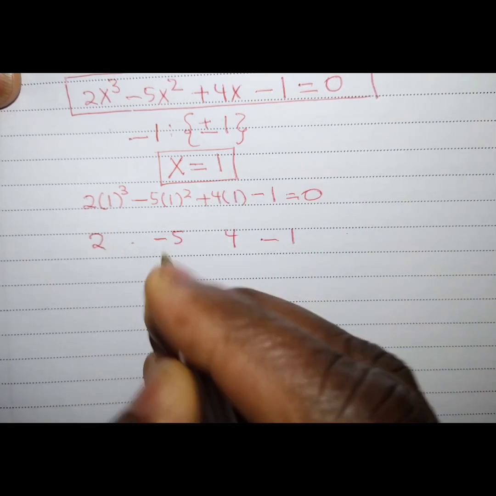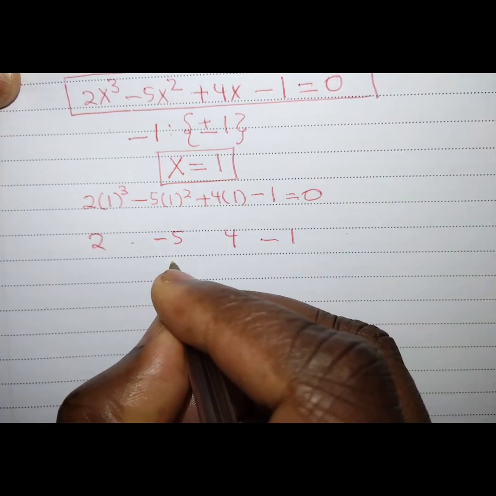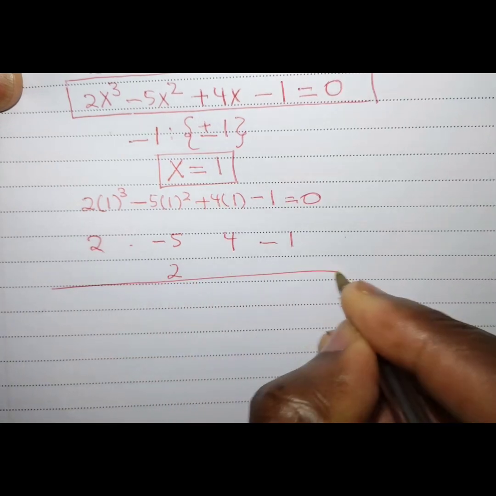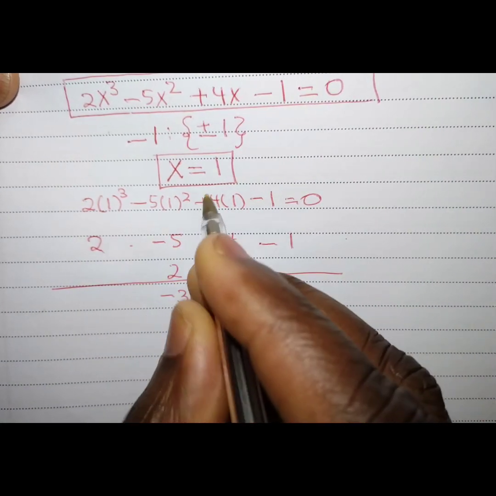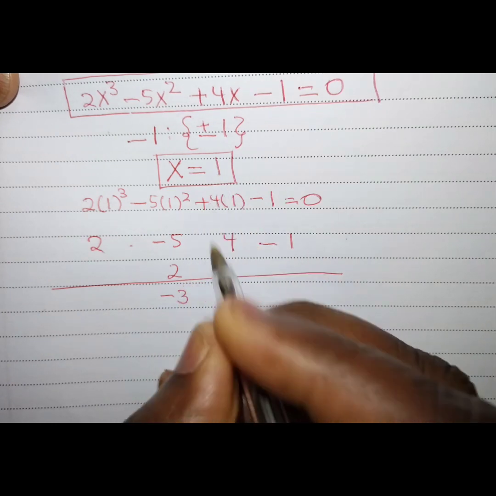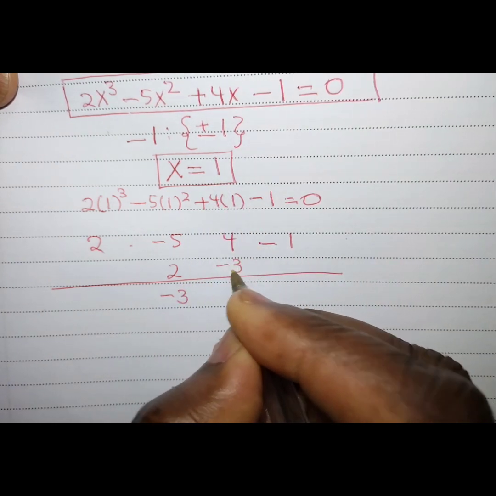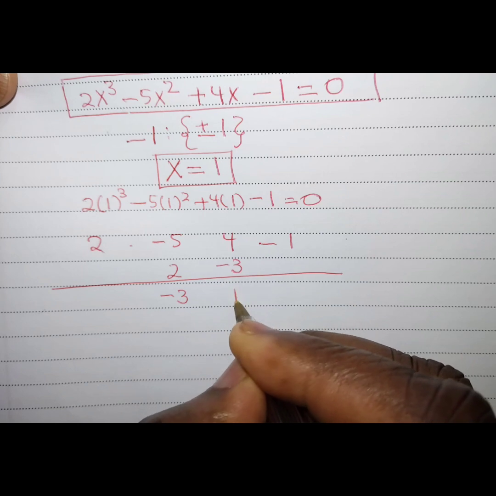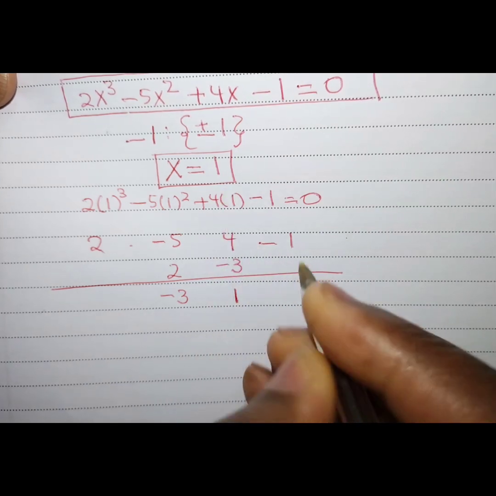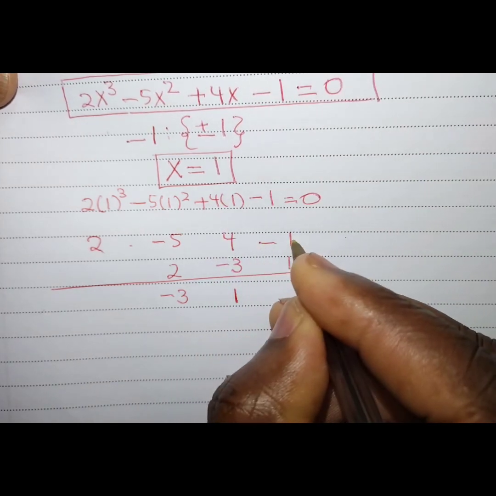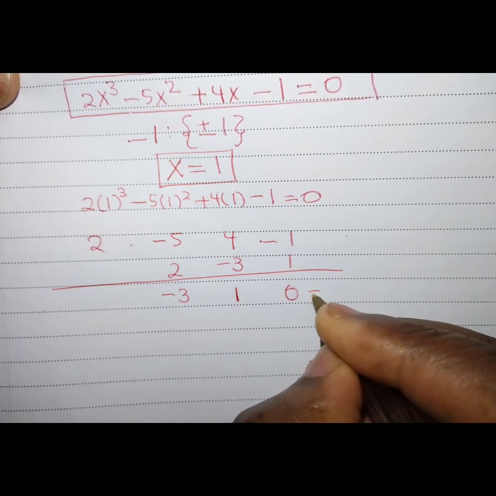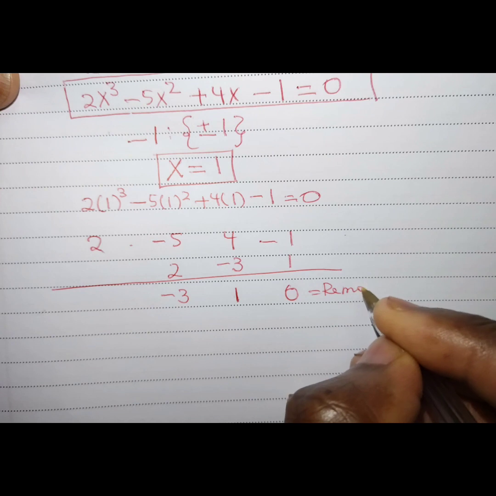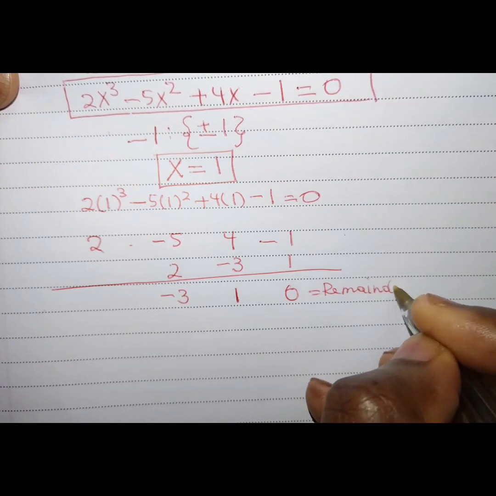1 times 2 is 2. Minus 5 plus 2 is minus 3. Minus 3 times 1 is minus 3. 4 minus 3 is 1. 1 times 1 is 1. Minus 1 plus 1 is 0. This is another remainder that we found.